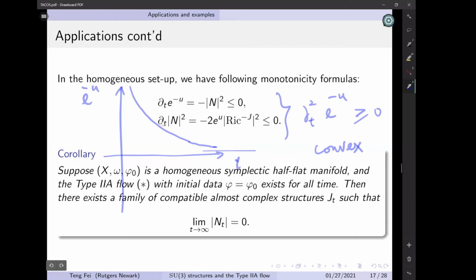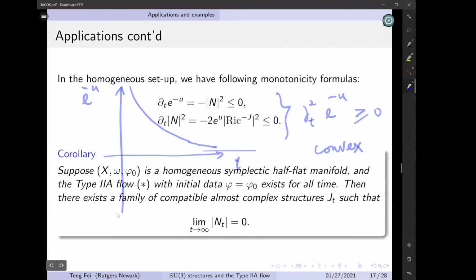That's to say that the time derivative, which is like the slope of the tangent, is approaching 0. So that's why we get this result here. This is very straightforward.